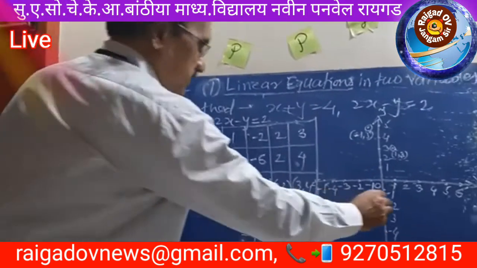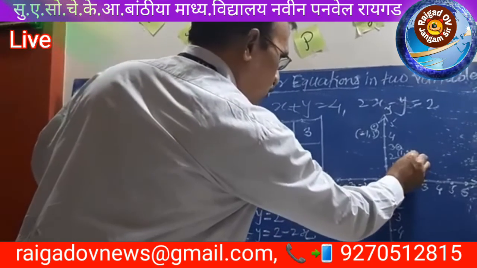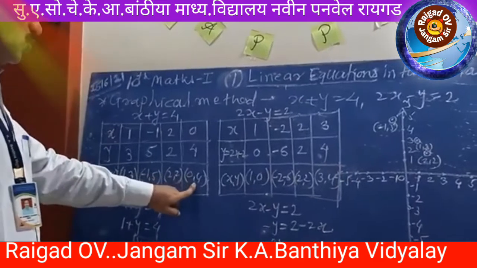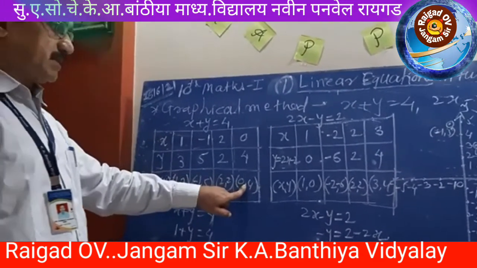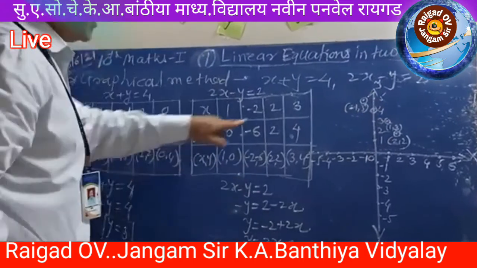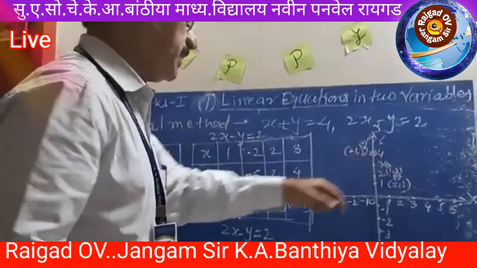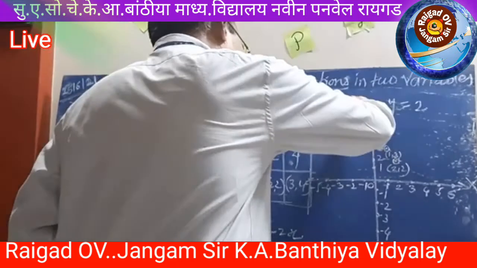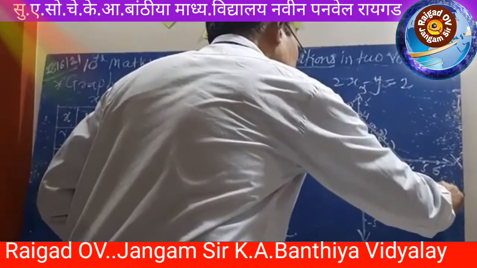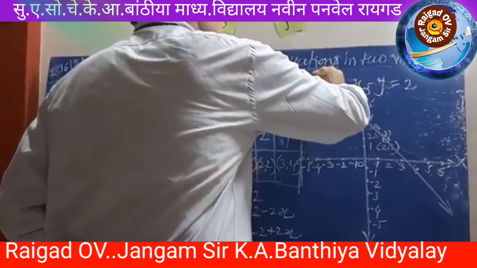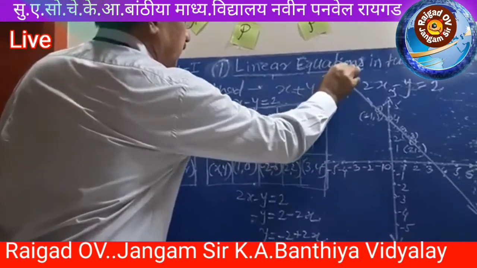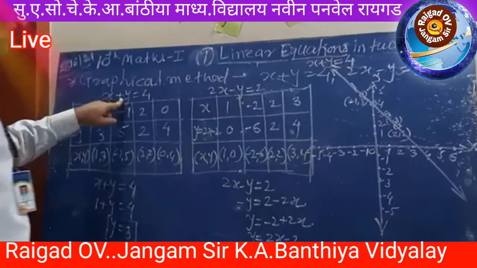Both are positive, means in first quadrant. Here is (2, 2). Then (0, 4). 0 is on x-axis, means here. 4 on y-axis. That means here. Means these 4 points are collinear. And if we join these points with the help of scale, this is the graph of first equation, x plus y is equal to 4.